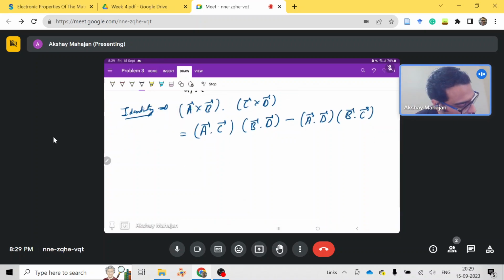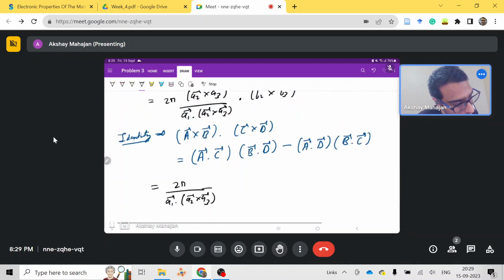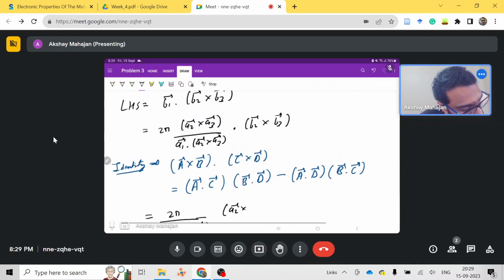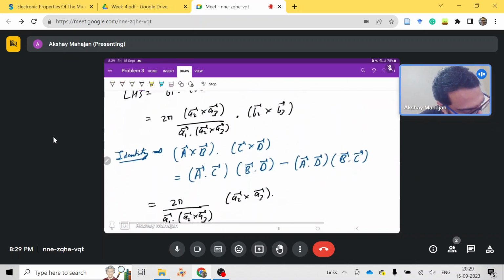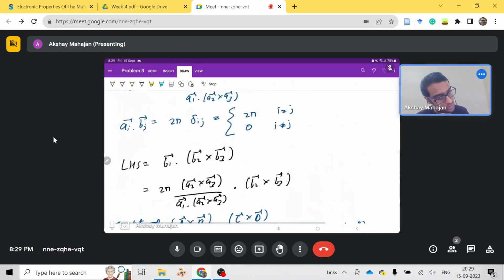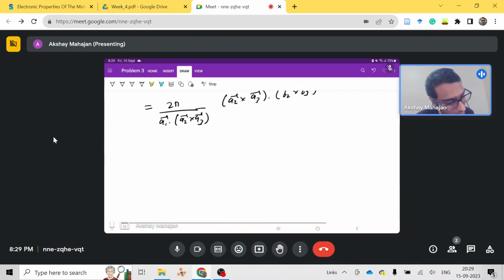Now using this identity, continuing with our problem, we can write 2 pi divided by e1 vector dot e2 vector cross e3 vector here, and what else we have is e2 vector cross e3 vector dot b2 vector cross b3 vector. Now we use the cross product identity, the dot product of these two cross products.